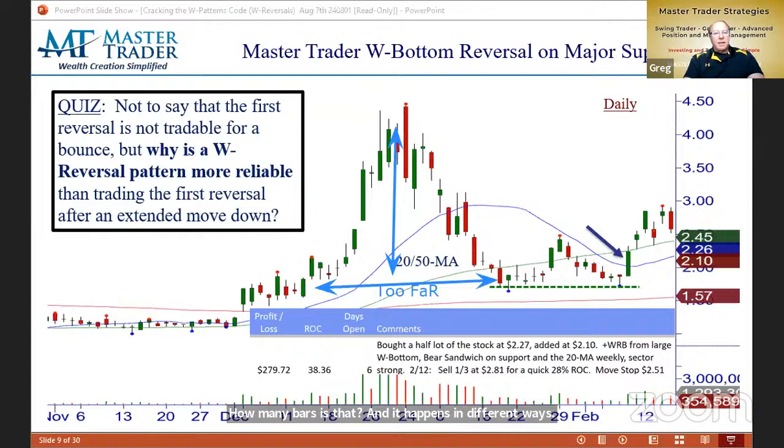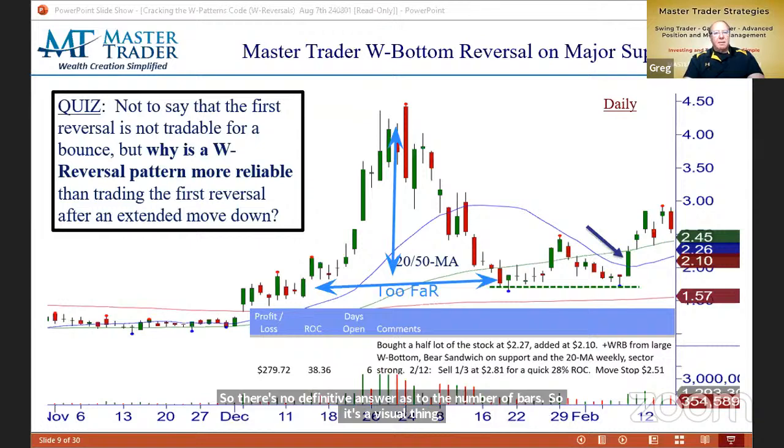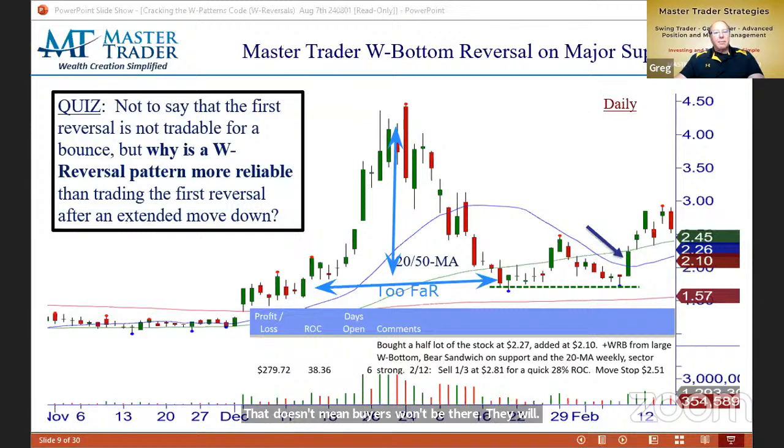But one of the things I can assure you is that W bottoms do not happen after prices rip or move that far away from a consolidation and then come all the way back again. That doesn't mean buyers won't be there. They will, but it's not defining a W bottom. So that other slide that Dan showed, it was like, this is not a W bottom.